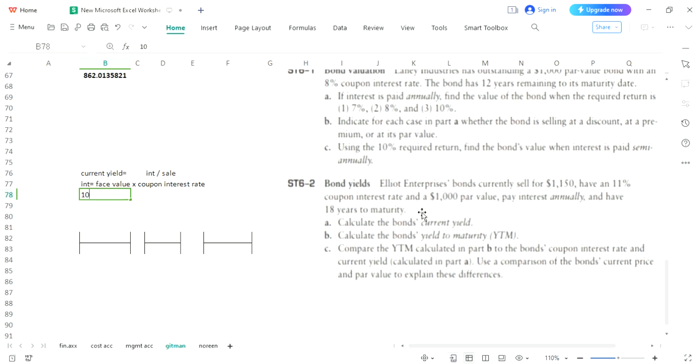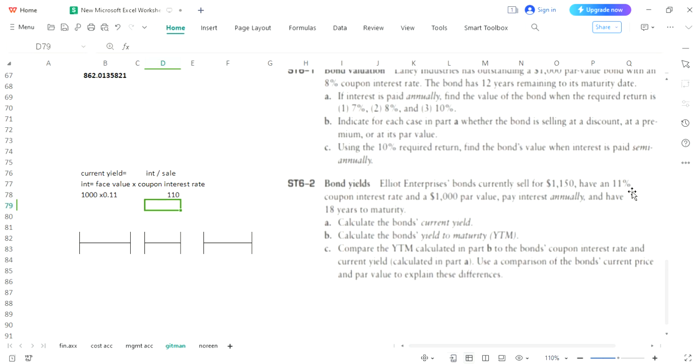We will write 1000 and will multiply it with the interest rate, coupon interest rate 11%, 11 divided by 100 or 0.11 you will put over here. Now interest you will calculate by writing 1000 on calculator, will multiply it by 0.11.